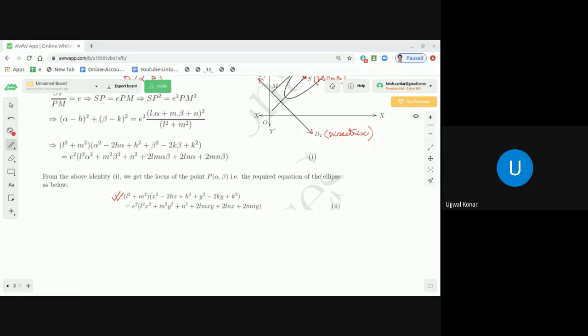So if you look into that, we know the required condition for that general equation to qualify as an ellipse. The value of the determinant delta, that I'm going to show you, has to be not equal to 0, and h square should be less than ab.